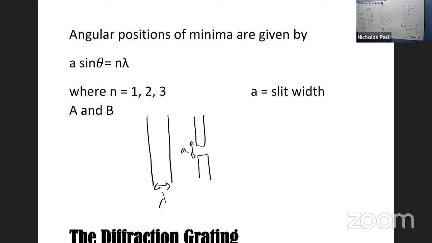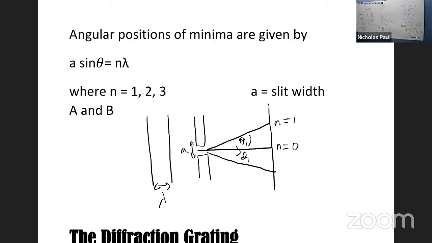When the wave passes through here, right, the one that is undeviated is your order 0. Right? Then the first order will deviate. This is your first order. It will deviate by an angle theta 1. And it will be equally spaced on both sides.